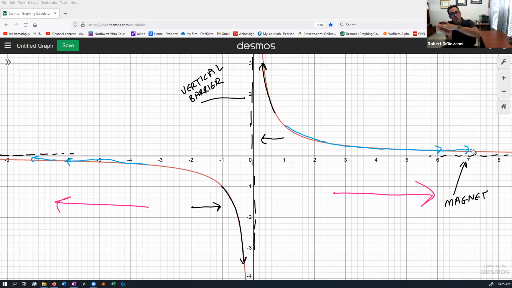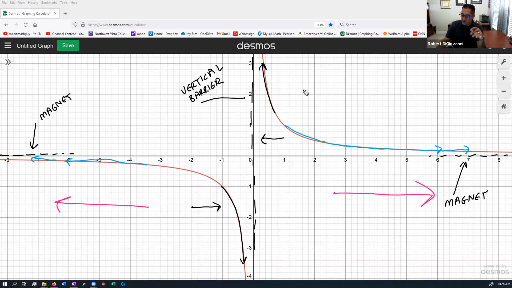It gets closer and closer, but it never is allowed to touch. And it's happening at both ends. This is the general idea of a rational function. You've got these vertical barriers. You've got these magnetic lines that pull your graph towards it. Those are the main two things on a rational function.